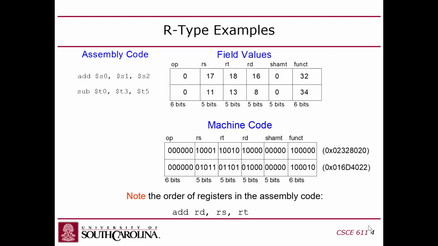You're writing Verilog code that is acting on the machine instructions. So it's really important that you understand how the assembly maps into the machine instruction. Anyone have any questions about that? You guys remember that? Okay.